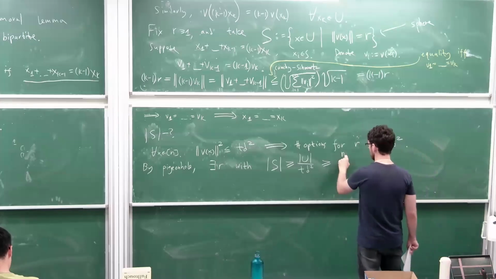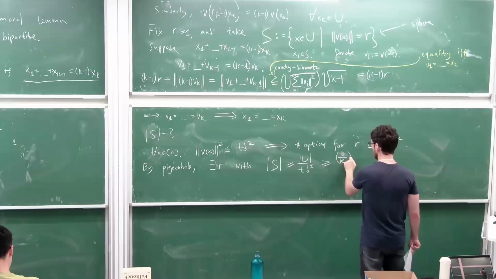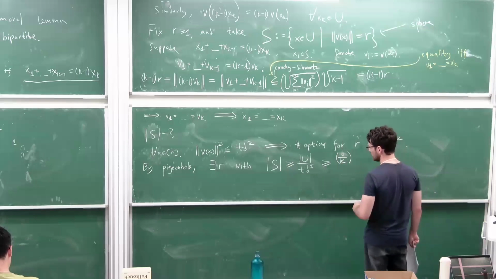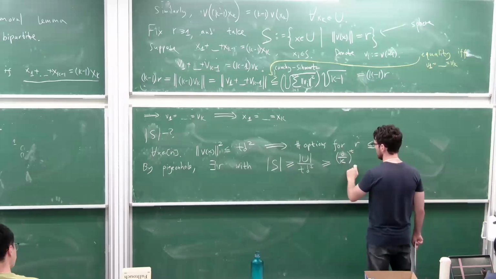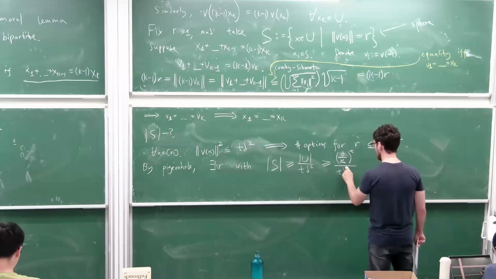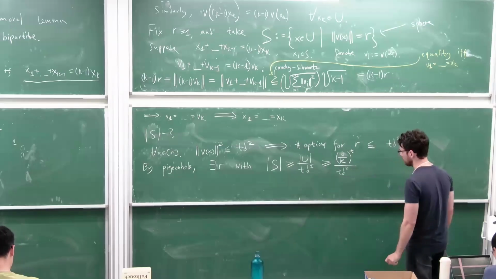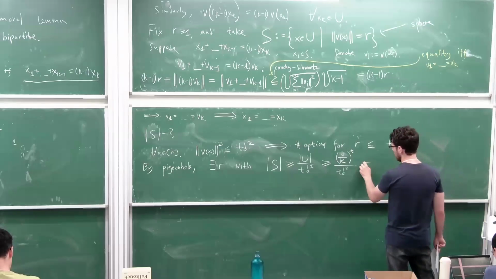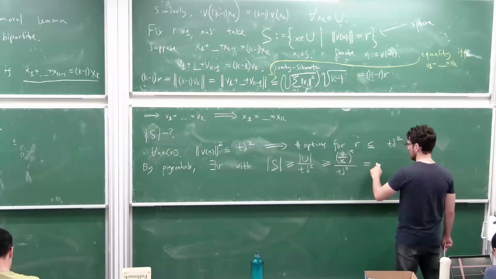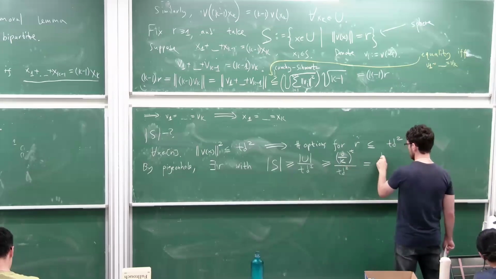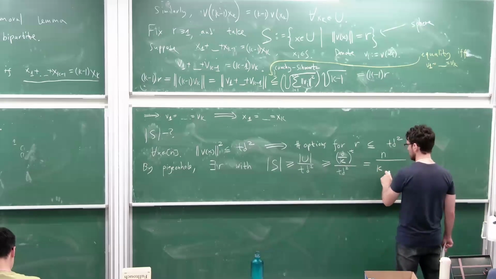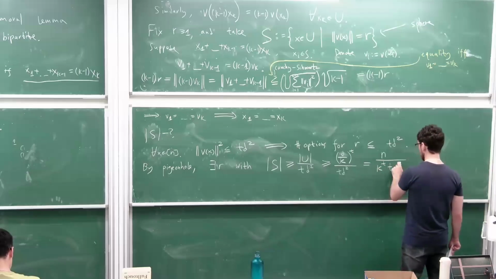So this is something like B over K, right? So B minus 1 over K minus 1, the lower bound B over K, the power T over T B squared. And now B to the T is N, so I can write N. And here I have K to the T, T B squared.